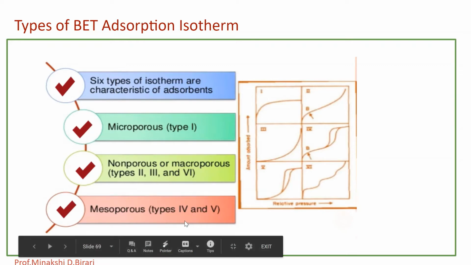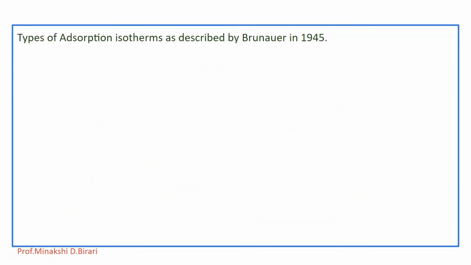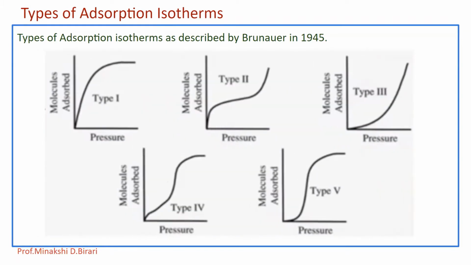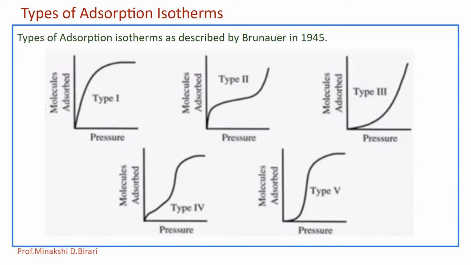Mesoporous is for type 4 and 5th. So we are going to discuss in detail the 6 types of isotherms, their characteristics and the shapes of the curves.